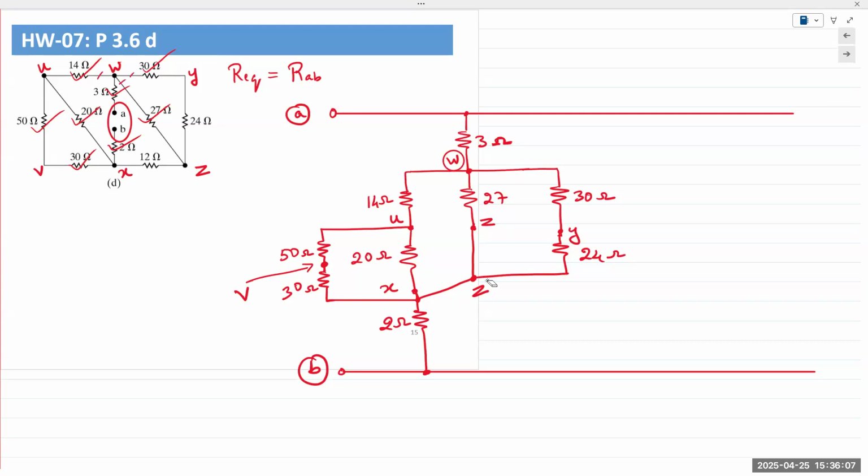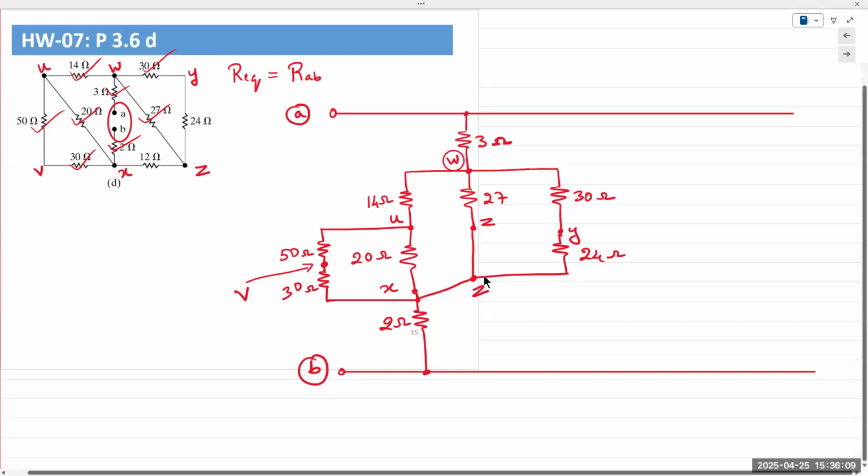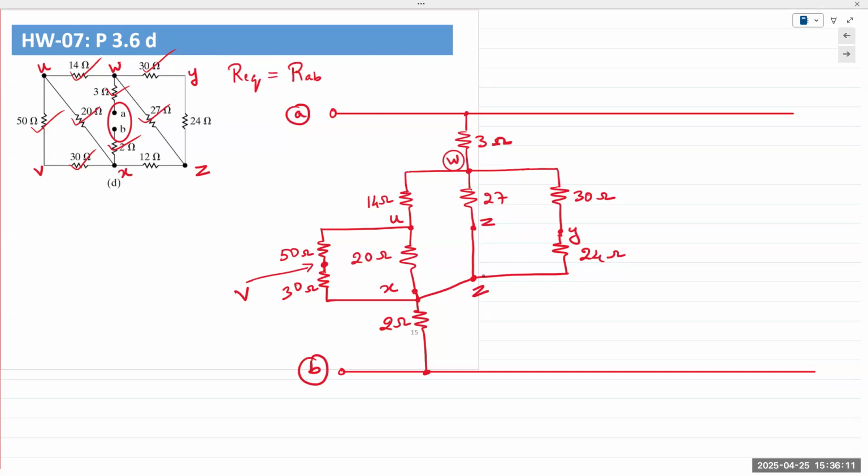The 14 ohm, the 30 ohm, and the 27 ohm. The 14 ohm goes to node U, which is right here. Okay. Then W and Z has 27. So that is right there. And then W and Y has 30 ohm resistor, which is right there.